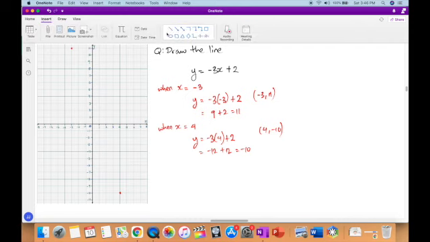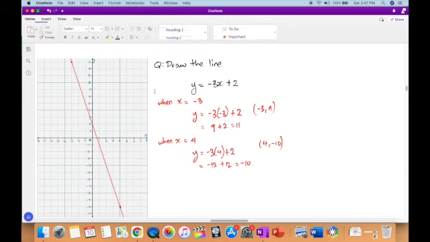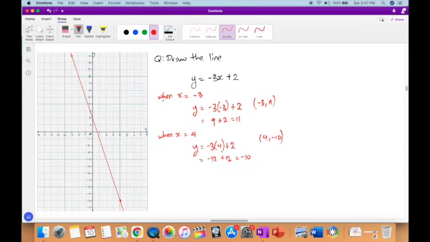I'll insert a line. That's not quite it. Right. So we could see here again that this is what the line looks like.